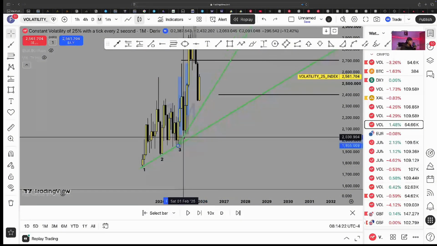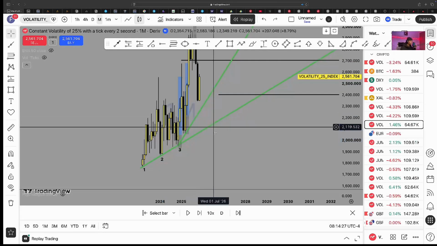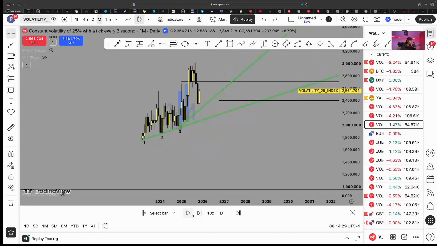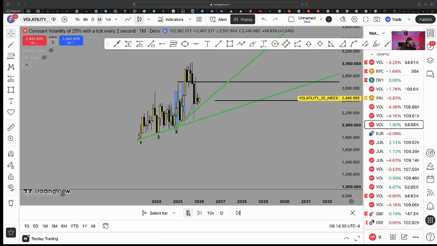And I'm not going to force that. Let me just keep it simple. We don't have a touch yet, so we just need to wait to see what's going to happen. Now we have a touch.